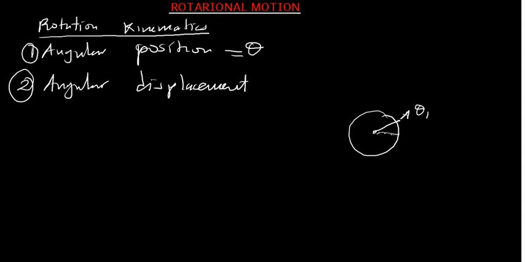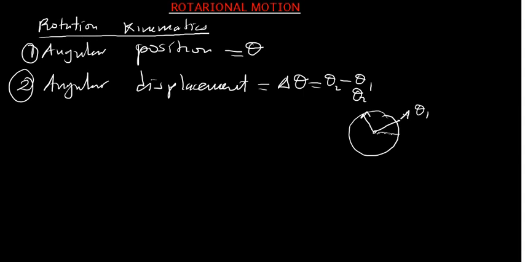That was its angular position first. Then it rotated and came to this point, at angle theta 2. So the angular displacement is simply the change in theta: theta final minus theta initial.